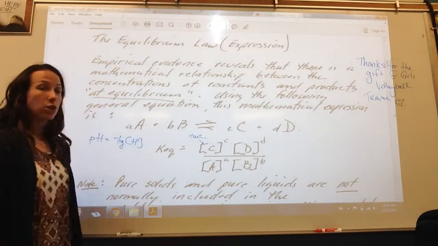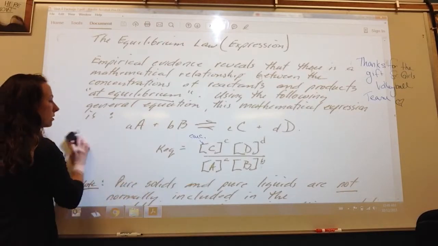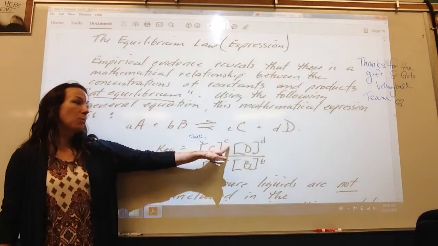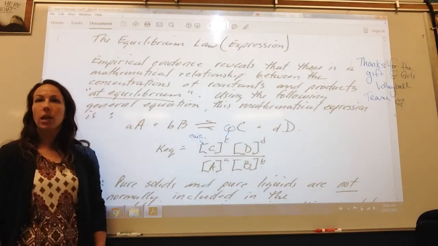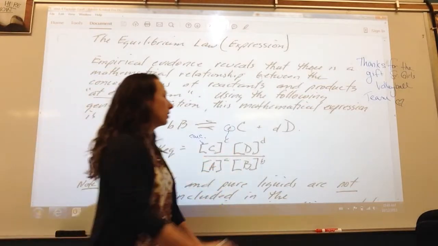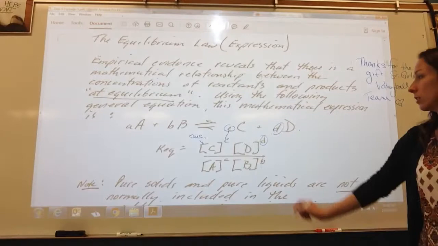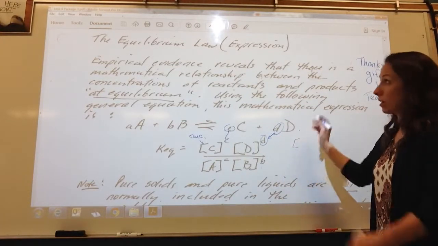So the concentration of C, and concentration is measured in moles per liter most often, and certainly here it is. So the concentration of C to the power of the balanced equation coefficient times the concentration of D to the power of the coefficient. Get where I'm getting these numbers from? And what did we say in our last page?